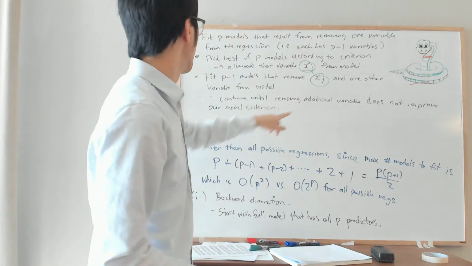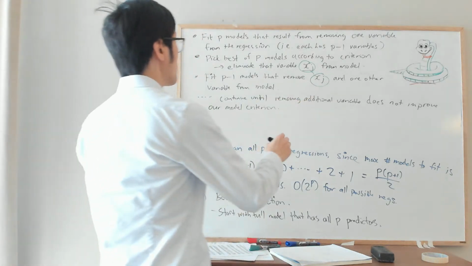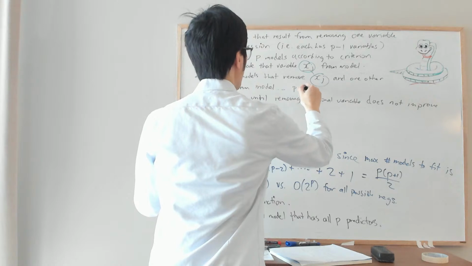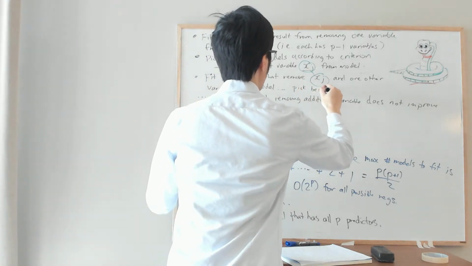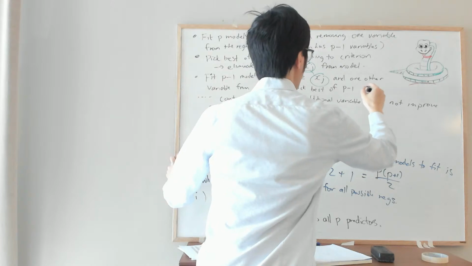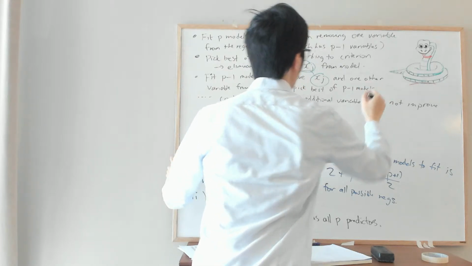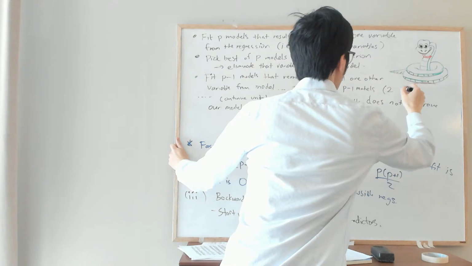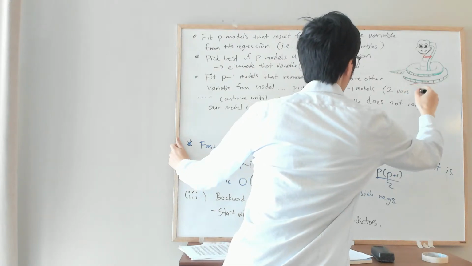Fit all models that remove xj and one other variable, and then pick the best of the P minus 1 models, and so now we have two variables removed.